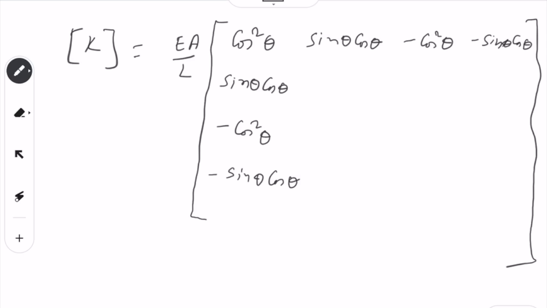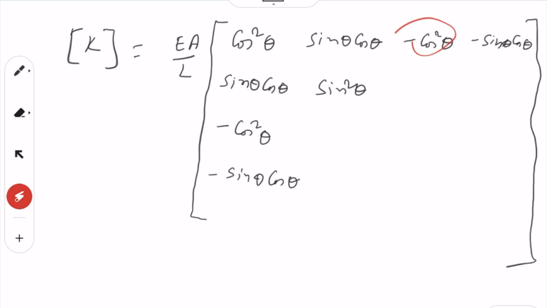Next here we will have sin square theta. And remember, the third one should be the negative of the first one.